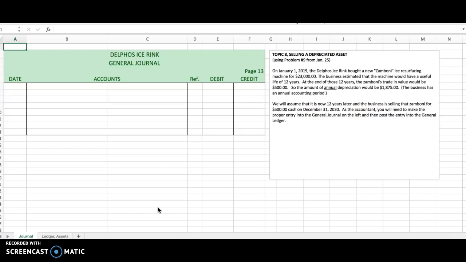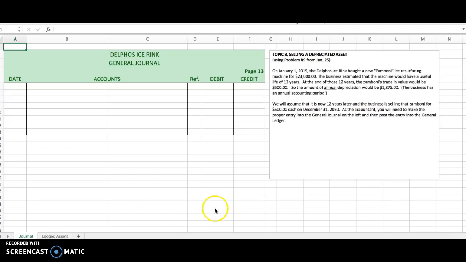On your screen you see the general journal for the Delphus ice rink. You had a problem recently involving this company where you had to calculate and record depreciation for an ice resurfacing machine called a Zamboni. Now we're going to assume that we are in the future and we're going to sell that ice resurfacing machine.